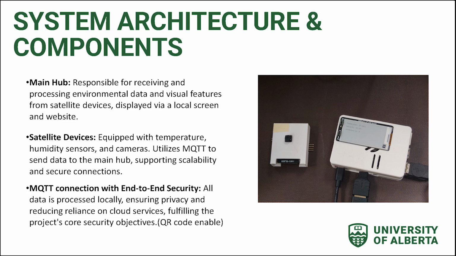We enable the MQTT connection by scanning the QR code that is posted on the website from the main hub, and it also enhances the end-to-end security. All the data is processed locally, which ensures data privacy and reduces reliance on cloud services, which fulfills our project's core security objectives.